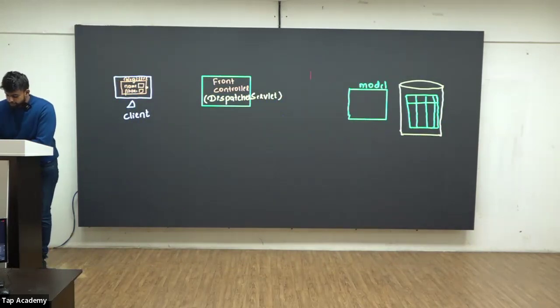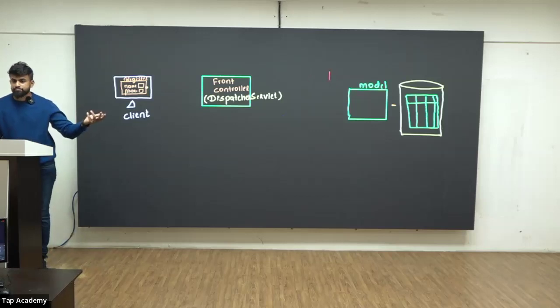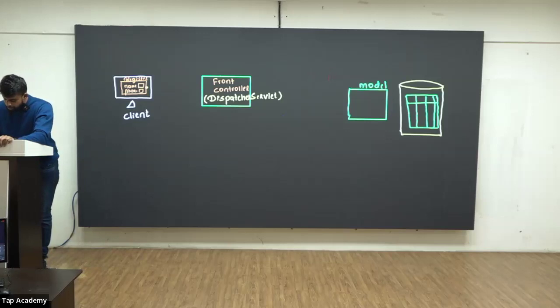Great. And after that, in the middle, what you have here? So you should be using DAO design pattern. But I'll not make it complicated for you. What I will do is I'll get the model there.